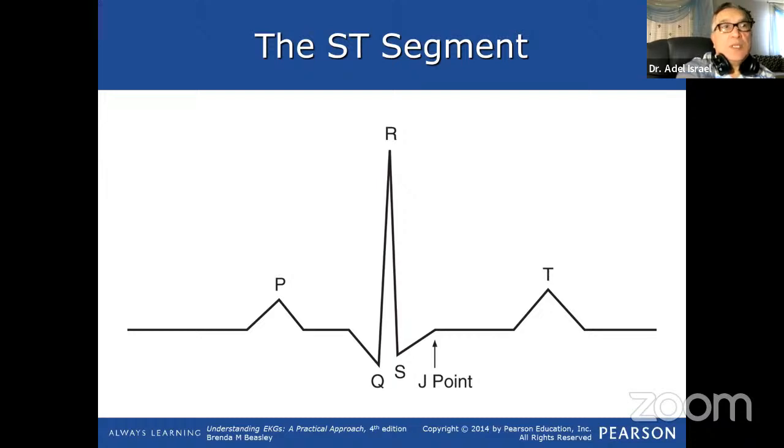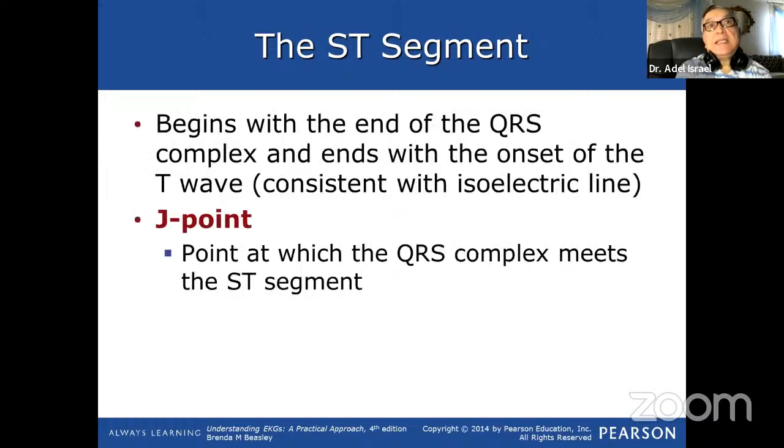But all that we need to know is the ST segment. ST segment is very important. Sometimes we have a kink here. We call it the J point, between the end of S and the beginning of T. And we learned yesterday that the ST segment may be elevated or depressed below the isoelectric line, and according to this, it will be indicating myocardial infarction.